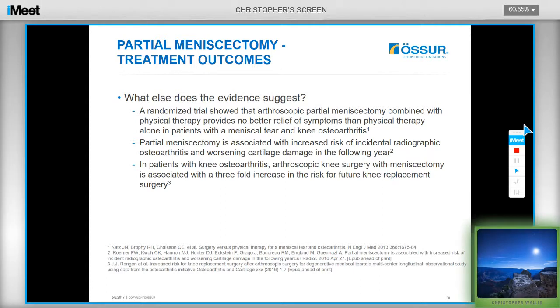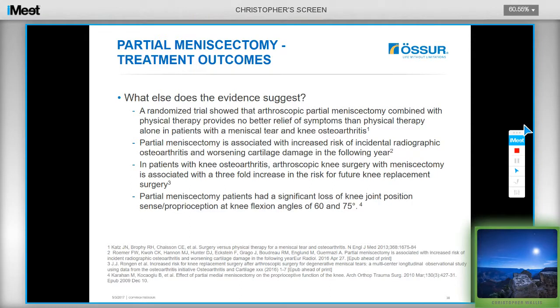In patients with knee OA, arthroscopic knee surgery with meniscectomy resulted in a threefold increase in the risk of future knee replacement. And those who underwent partial meniscectomy had significant loss in knee joint position sense, or proprioception.